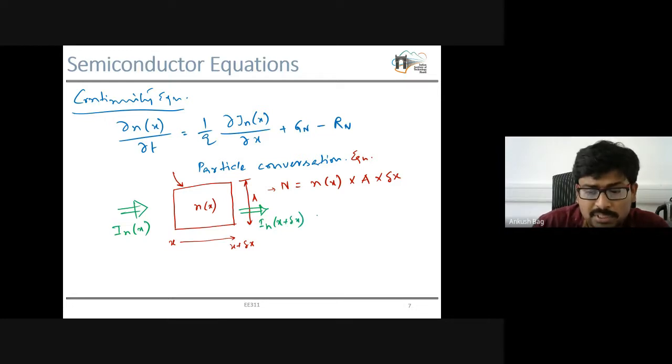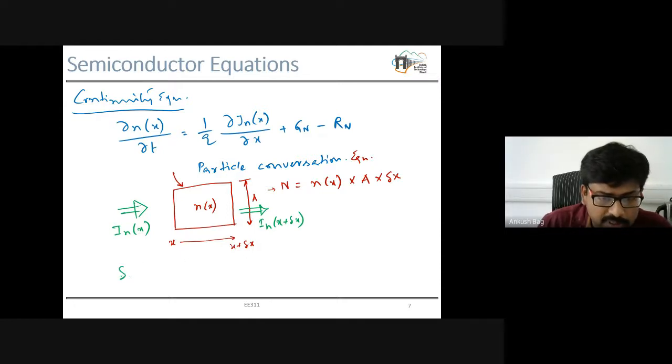So this is the current due to electrons. The total number of electrons can change due to the electron current. So how can we write this?